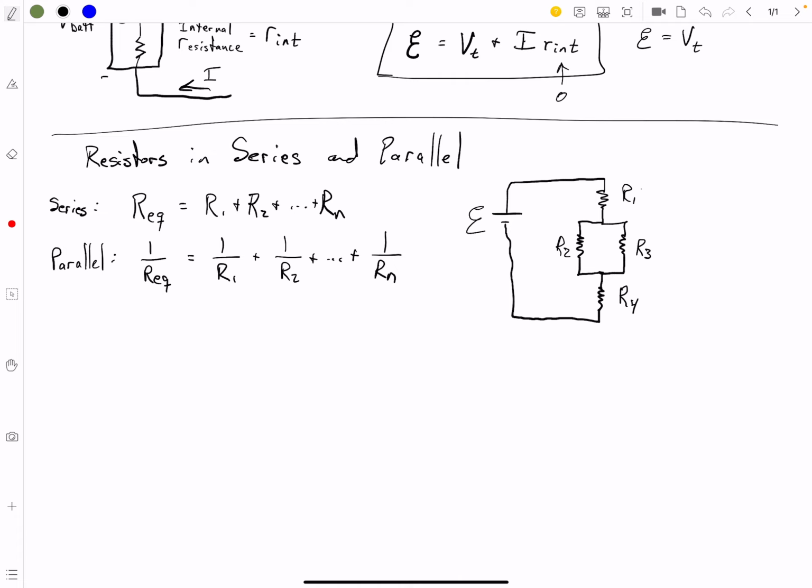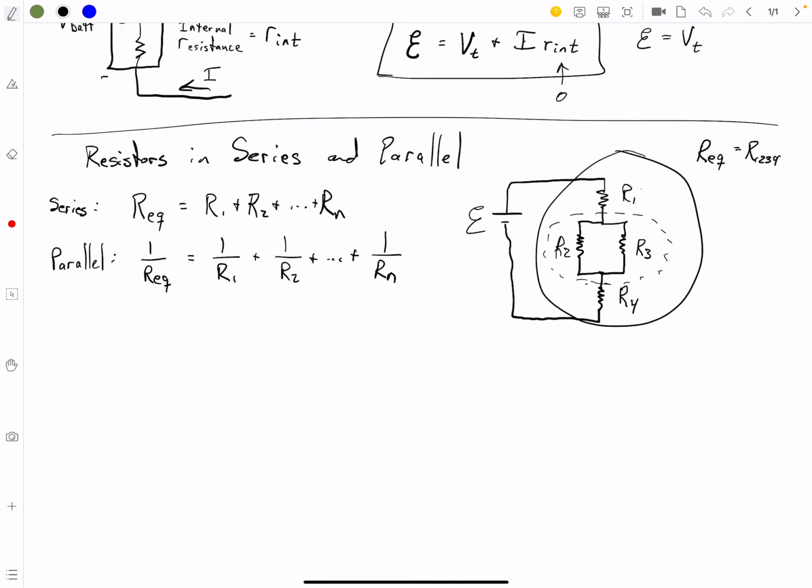We eventually want to know what the equivalent resistance is for this whole circuit, okay? R equivalent, well, I would call that R1234. And in order to get that, you got to kind of divide and conquer, right? We're going to take this bit right here and figure out what 2 and 3 are.